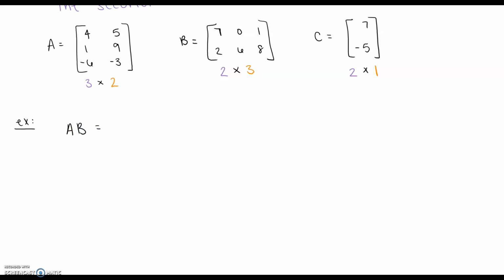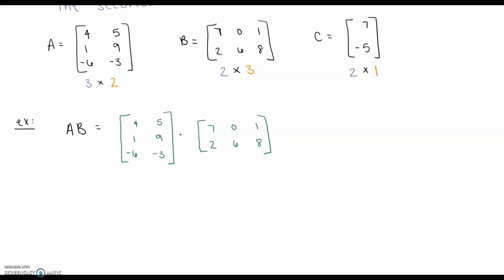So first things first, I would write out your matrices. Matrix A has to go first: 4, 5, 1, 9, negative 6, negative 3. And then we're going to multiply that by B, which is 7, 0, 1, 2, 6, 8. Now, remember, the number of columns in the first needs to match the number of rows in the second.